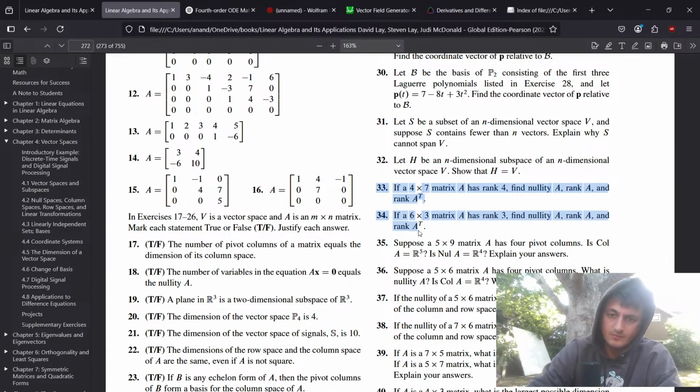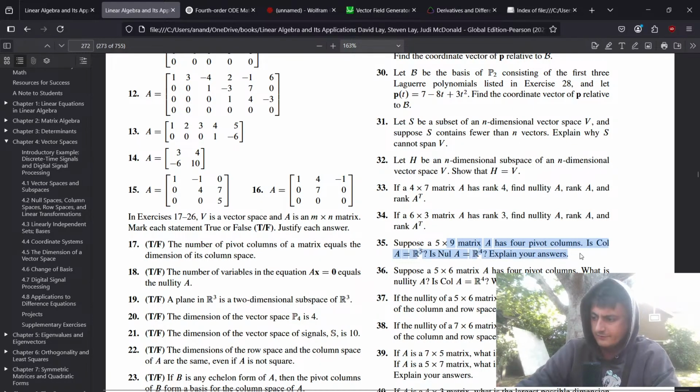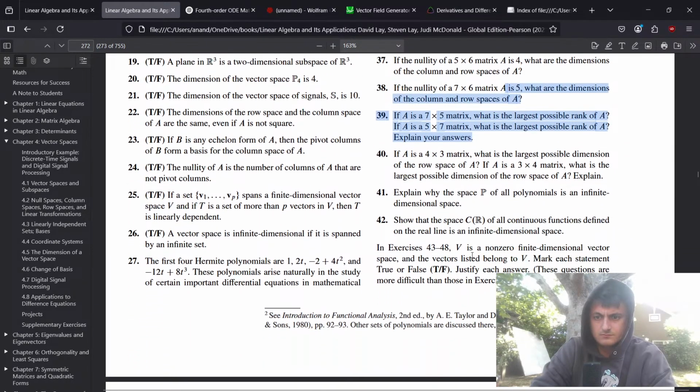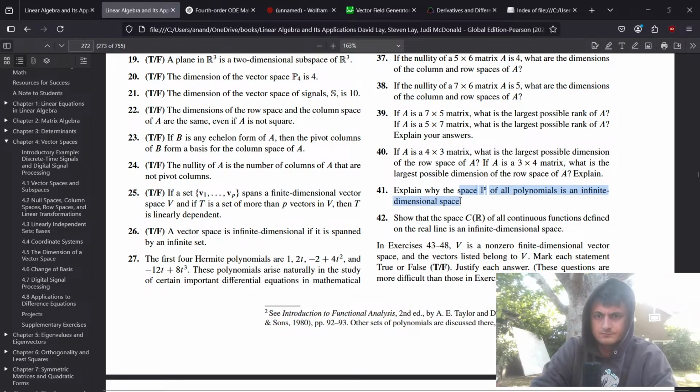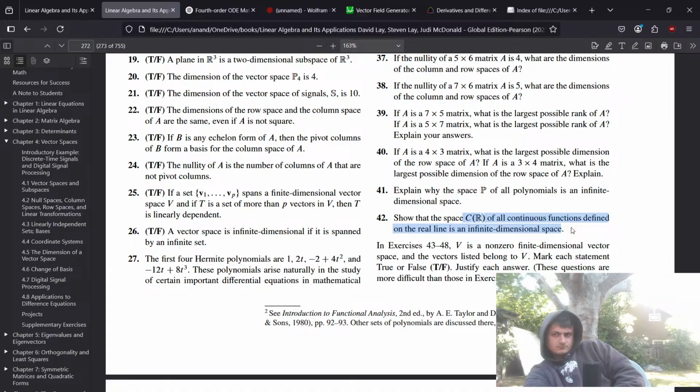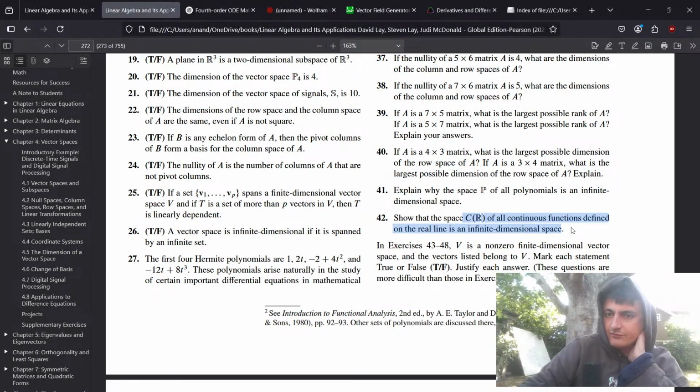All right, we'll do 35. 37, we'll skip all that. 41 and 42 seem cool.